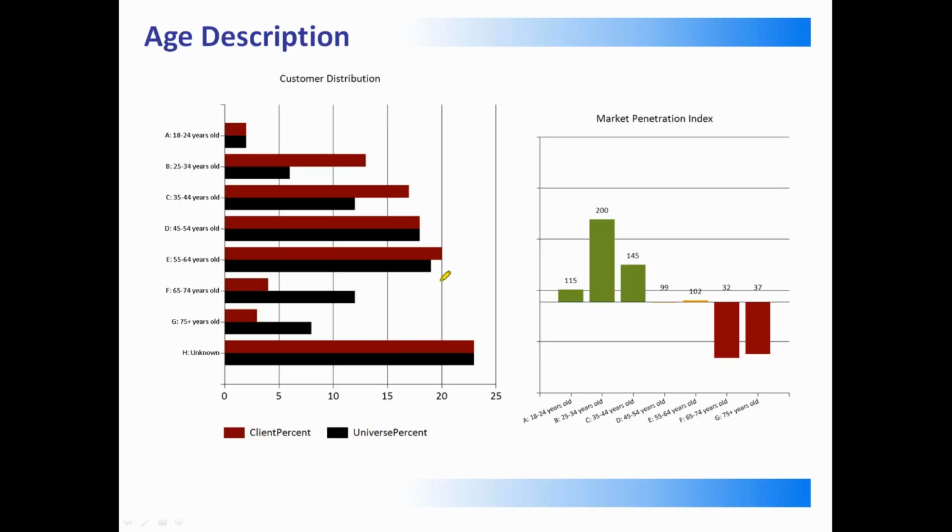And you can see here that the most populous category, where we know the age, is elderly, right? It makes up just about 20% of the customers, but it also makes up just under 20% of the prospect universe. So there's no real prominent statistical distinction here, even though it's the most populous category. Same thing with 45 to 54-year-olds.